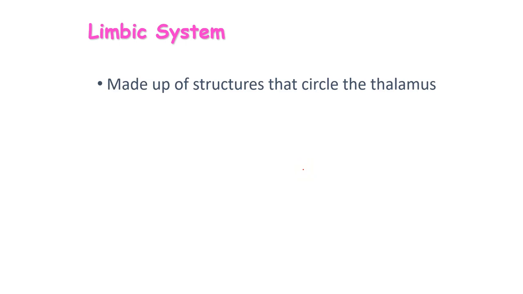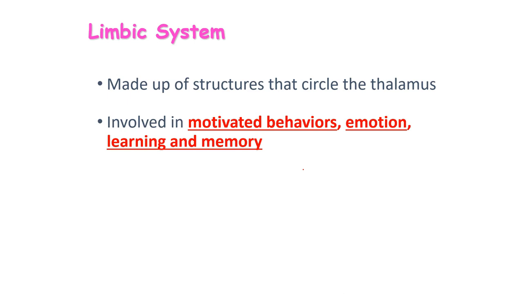The other critical structure or collection of structures within the telencephalon is the limbic system. It is made up of structures that circle another area that's part of the diencephalon called the thalamus. It's involved in motivated behaviors such as eating, feeding, sexual behavior, affection, maternal behavior. All of those are handled by the limbic system, as well as emotion and learning and memory.